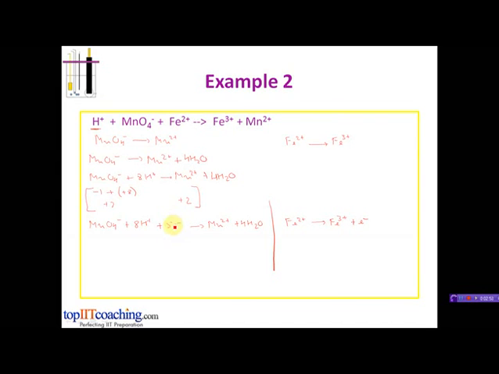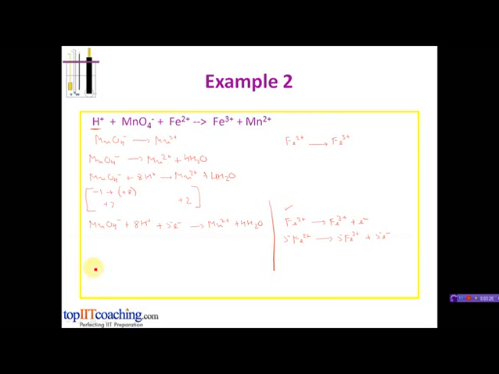Now since there are 5 electrons in this half reaction and 1 in that, for equalizing their numbers, we are going to multiply this half reaction with the coefficient 5. So we get 5 Fe2 plus gives 5 Fe3 plus 5 electrons.